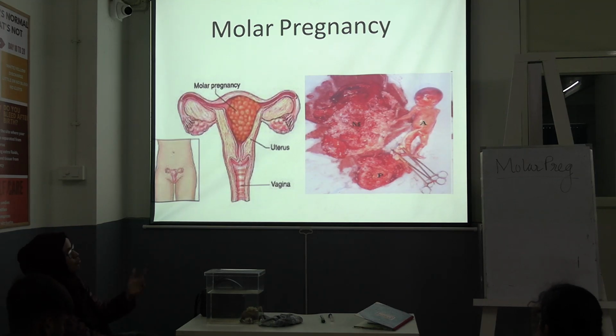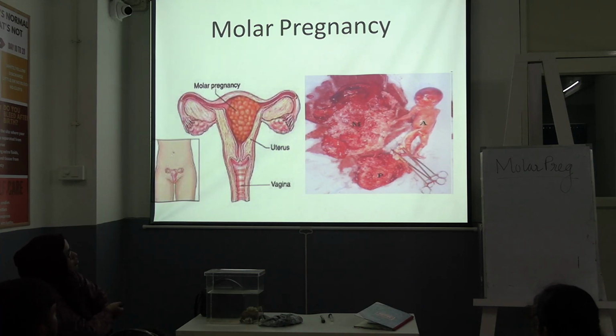So here in molar pregnancy, there is abnormal proliferation of the trophoblast, and there is no or some development of the inner cell mass. In complete mole, there is no development of the inner cell mass, only the trophoblastic tissue is there, and in partial mole, some part of the inner cell mass develops. So which type of molar pregnancy is this one?